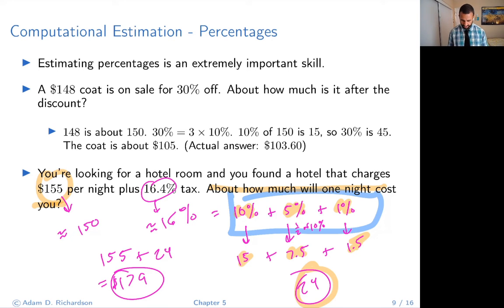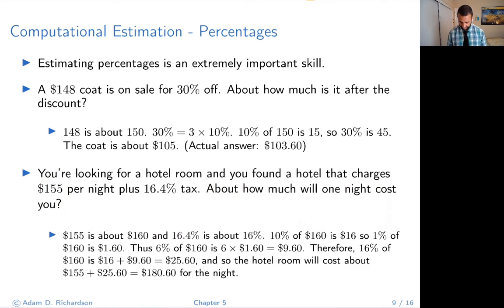All right, but again, this is just one way of estimating it. I think I have a different one written down next. So in this case, I rounded up. Let's follow along here. 155 is about 160. So I rounded up there. Probably the safer bet, right? 16.4 is about 16%. So now I'm kind of balancing things out a little bit.